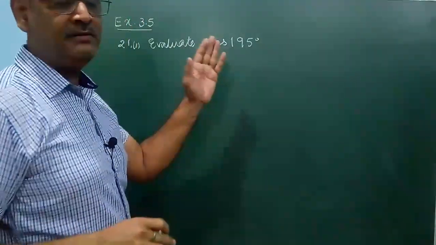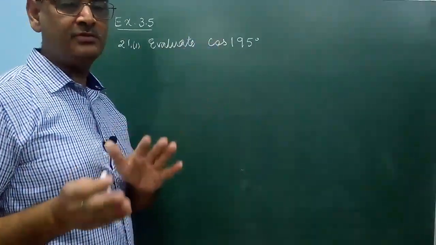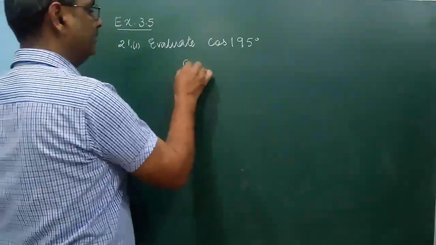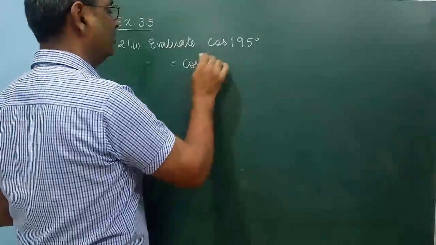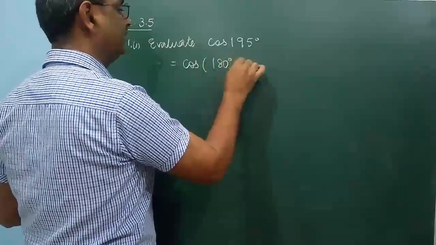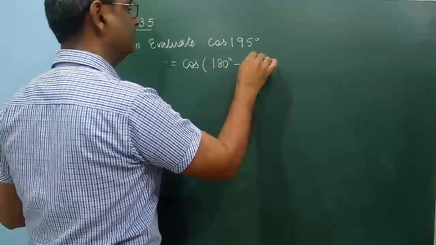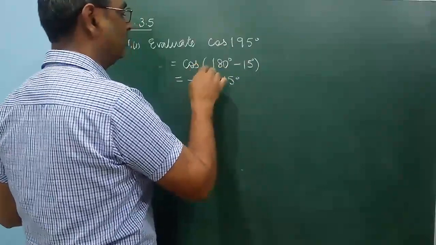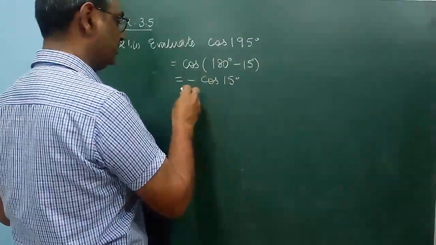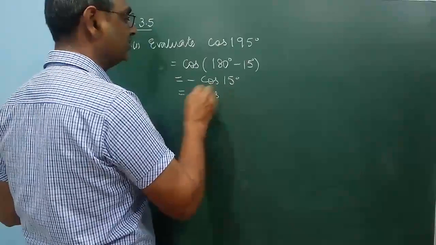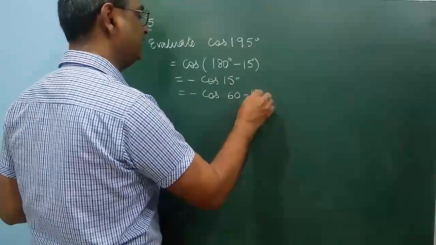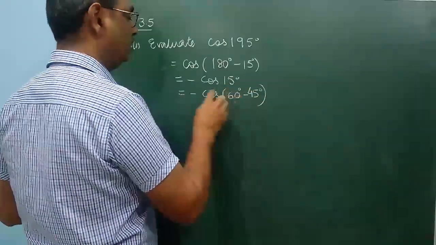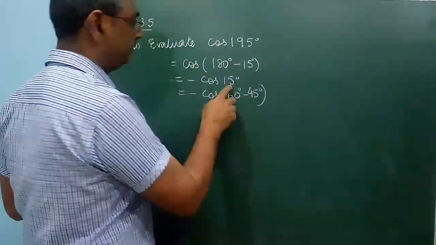Whenever we have to find the value of any trigonometric function, we should get the angle in the first quadrant. So here we will write this as cos(180 plus 15), and this is nothing but minus cos 15 degrees. Cos(pi minus theta) is minus cos theta. Now this can be written as cos(60 minus 45), 15 degrees we can write this.